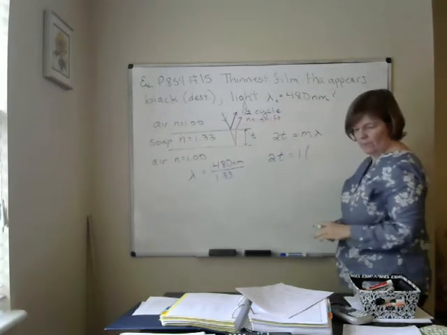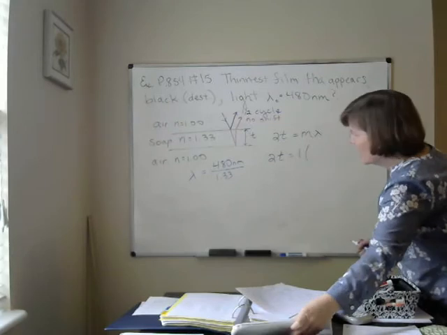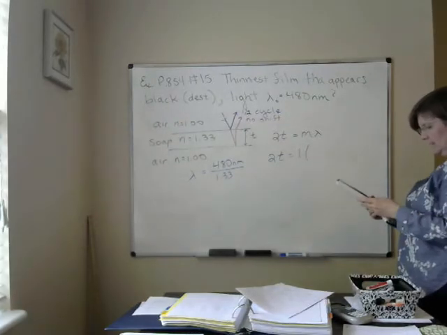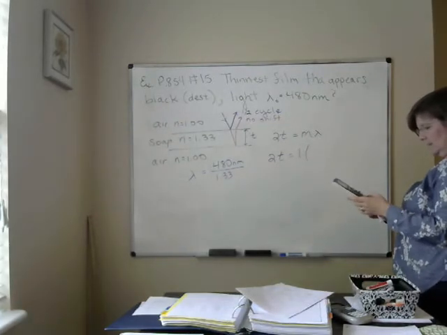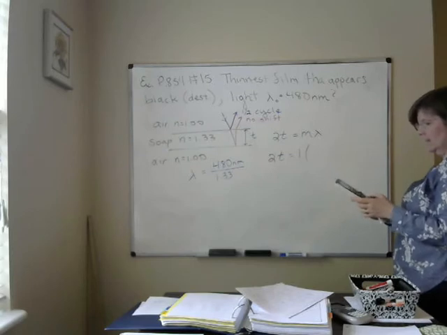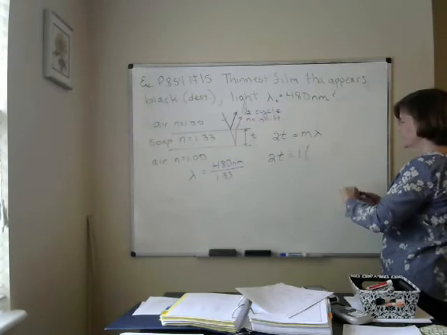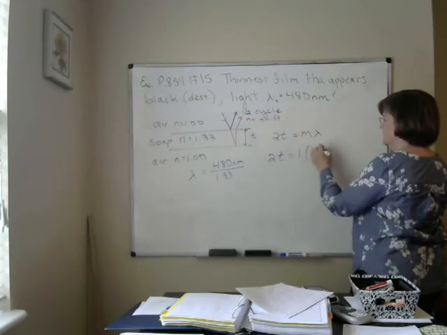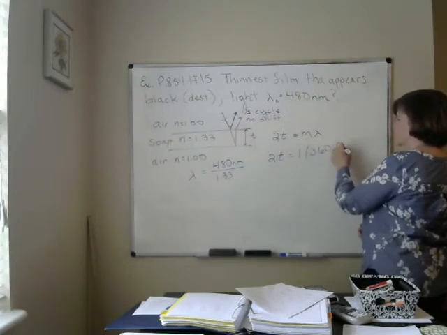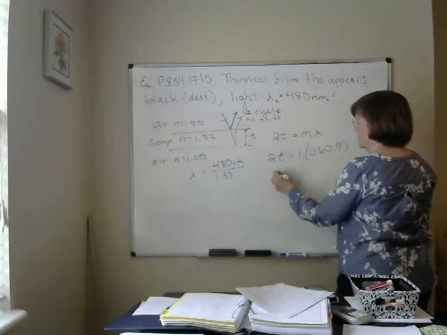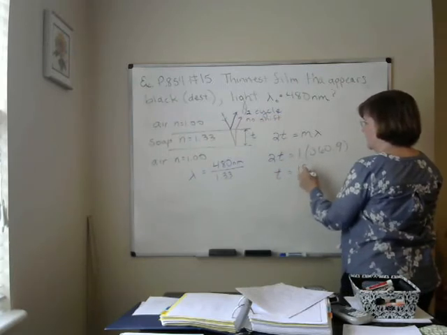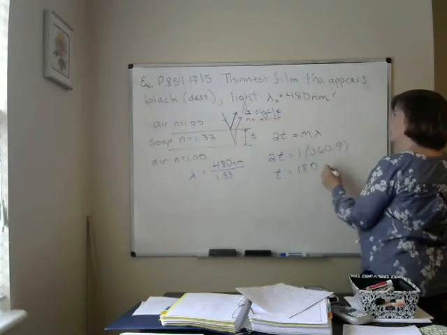I just need to know what 480 divided by 1.33 is. It comes out to be about 360.9. So when I divide by 2, I get 180 nanometers.